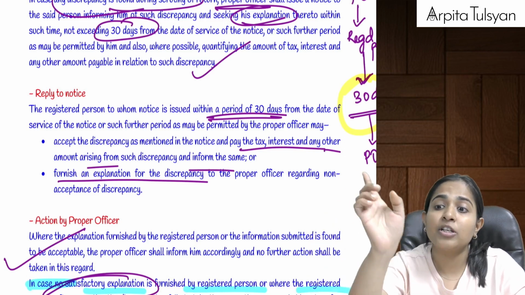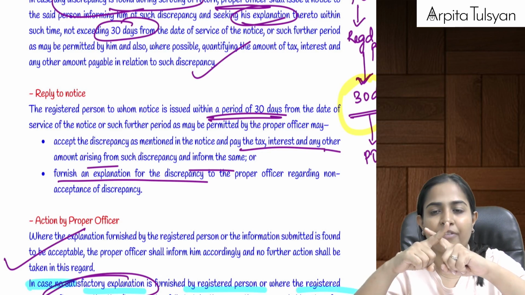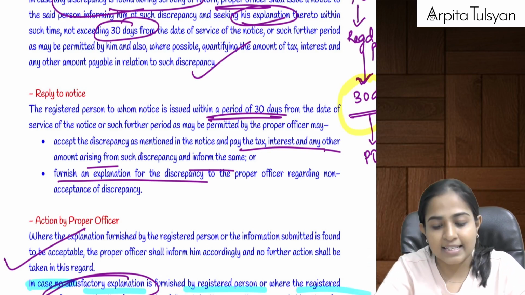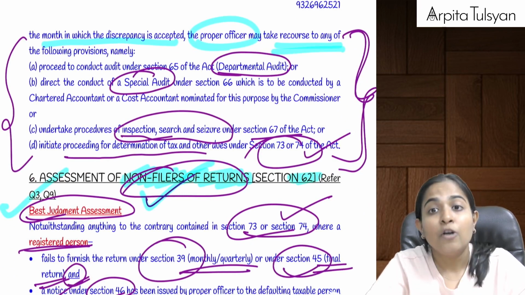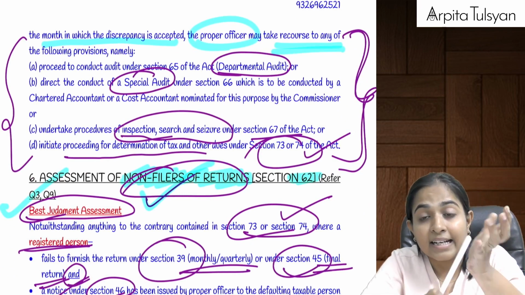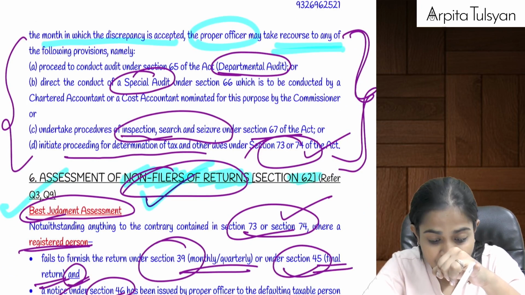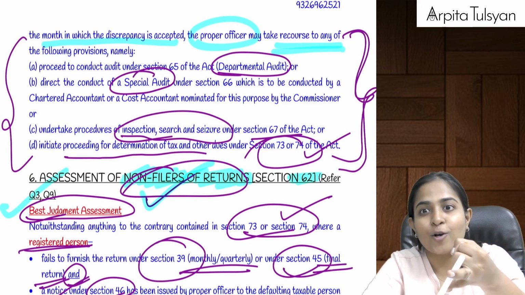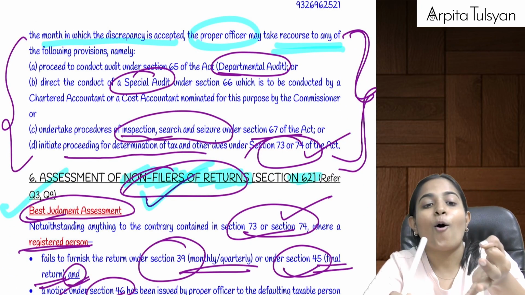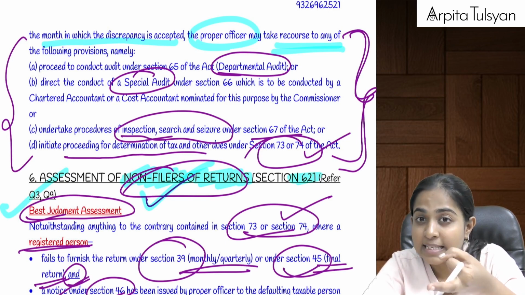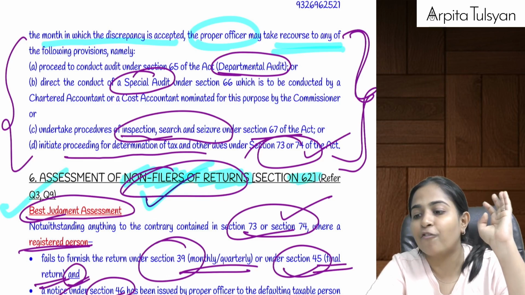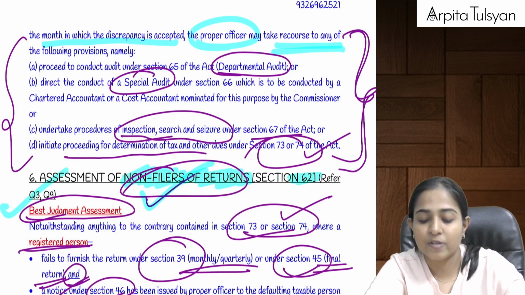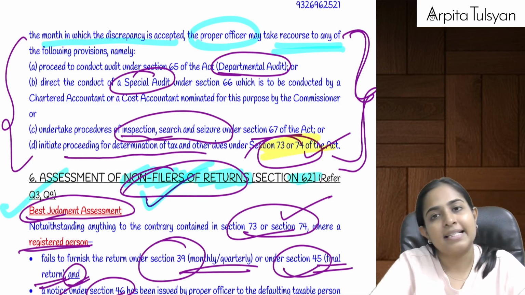If the explanation is unsatisfactory, the proper officer will say that we need to get into the detail. So the proper officer can conduct a departmental audit under section 65, or a special audit under section 66, or conduct inspection, inquiry, search, seizure. Or finally, he will proceed for recovery of tax and other dues under section 73 or 74.